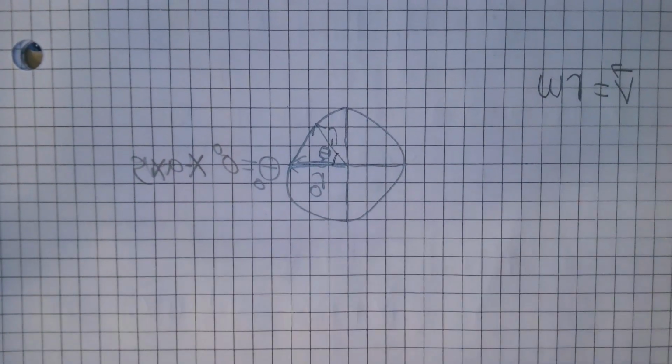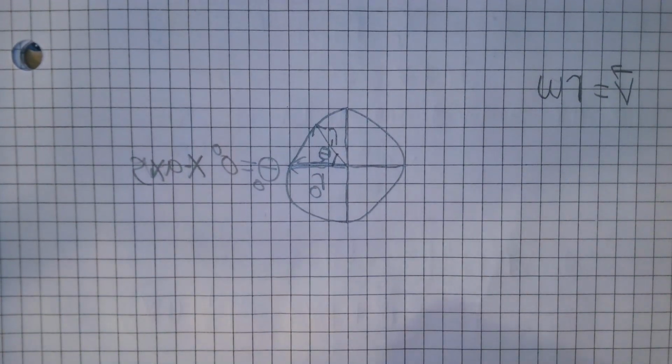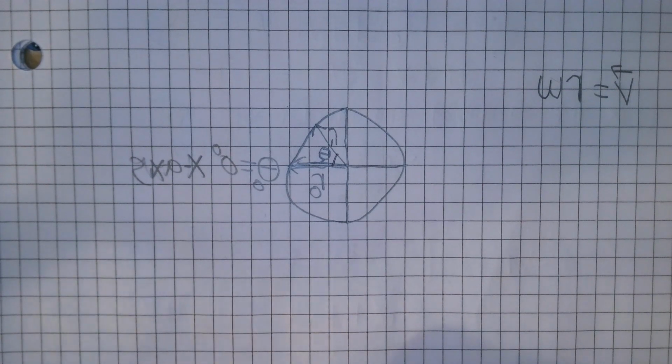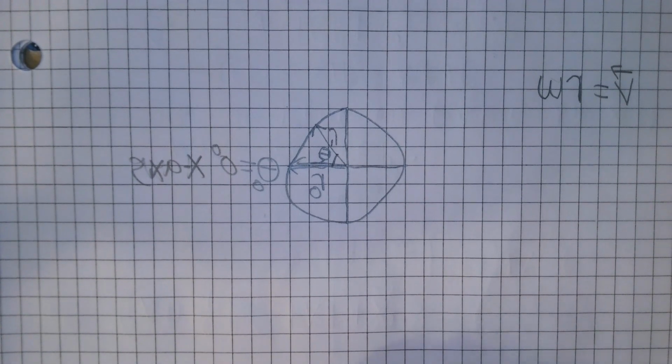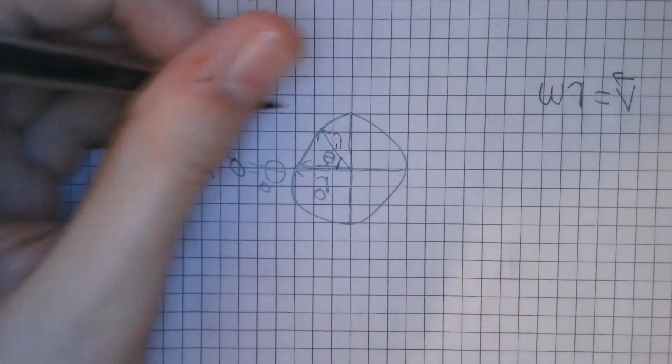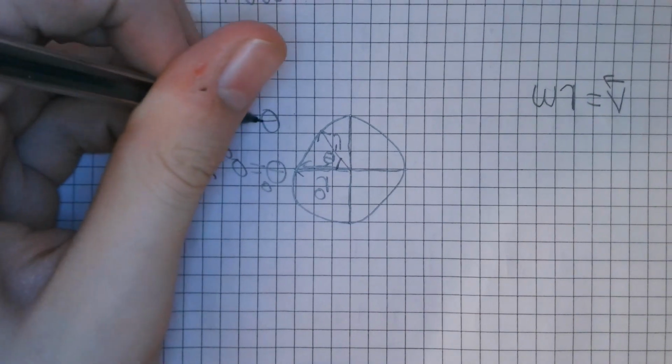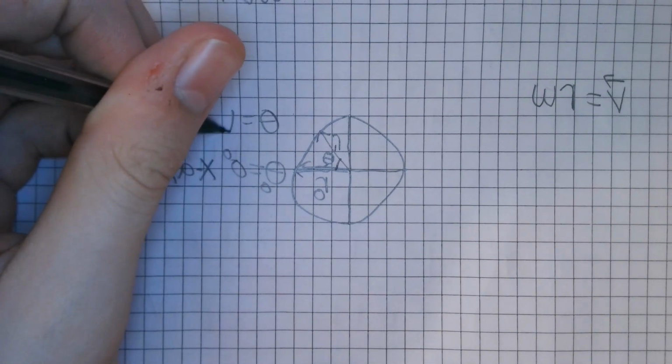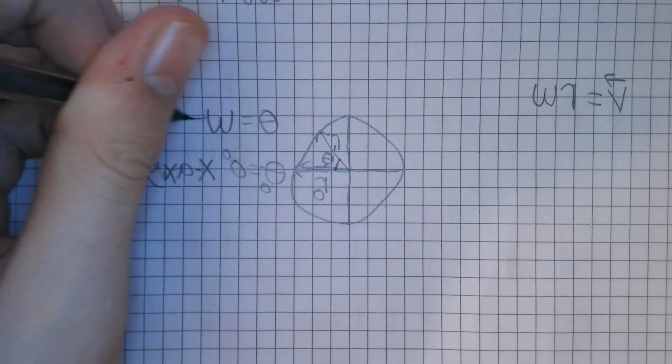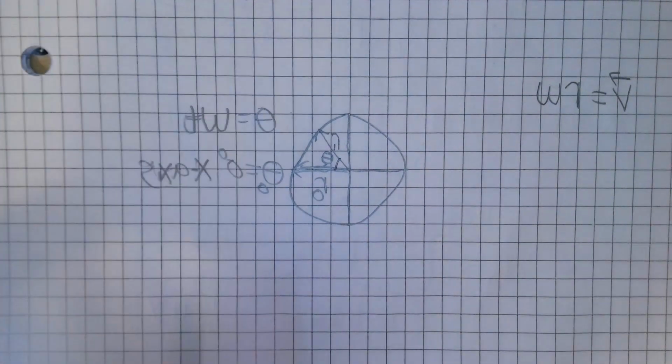So you could do the same thing, you could just memorize it. I always recommend you know how things are derived, but there are some things in physics you just do so much, you're going to memorize it. So we could say theta equals omega t. Okay?